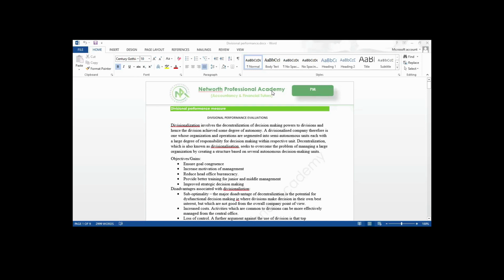Now, the next question is, why is it important for us to carry out divisional performance evaluation? Imagine yourself as the finance director of Dangote Group. Under Dangote Group, you have different divisions.